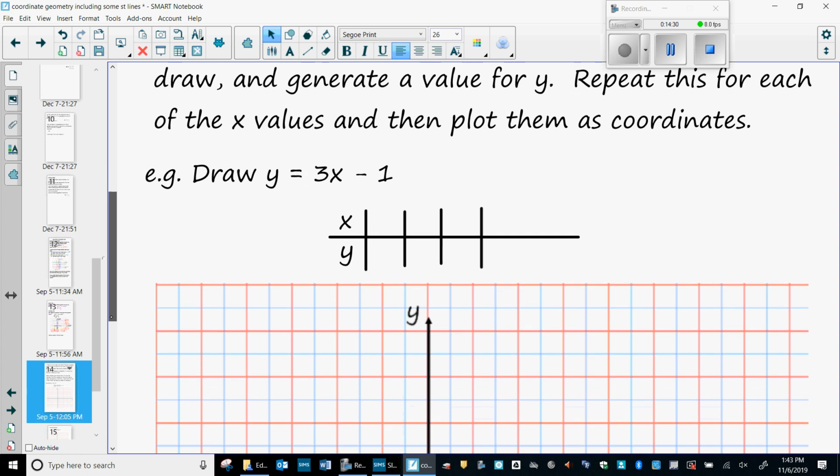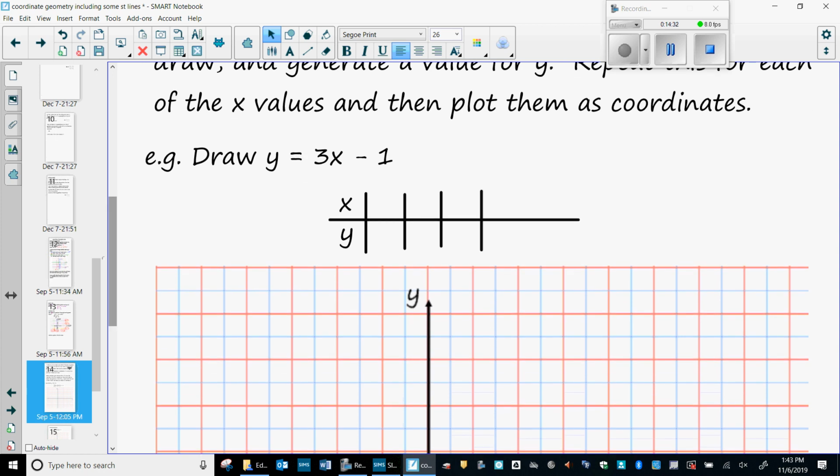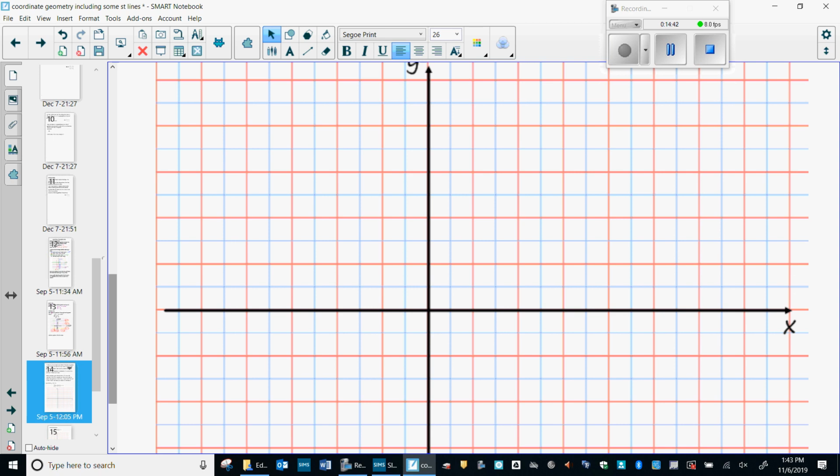So here's my graph that I need to draw. Draw y equals 3x minus 1. So we're going to choose some random values for x. Now, I would always suggest you look at your scale on your graph. I have got no numbers on here as yet, and that's on purpose because I'm going to choose my numbers first.